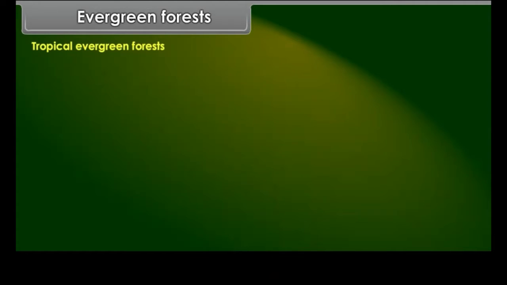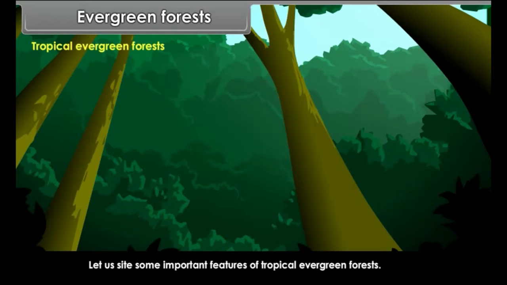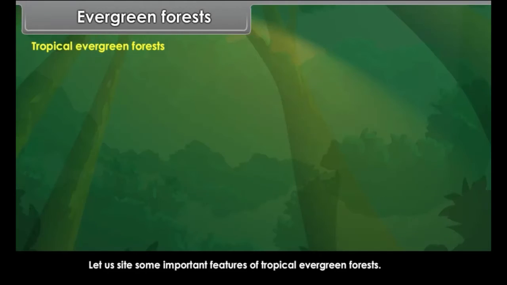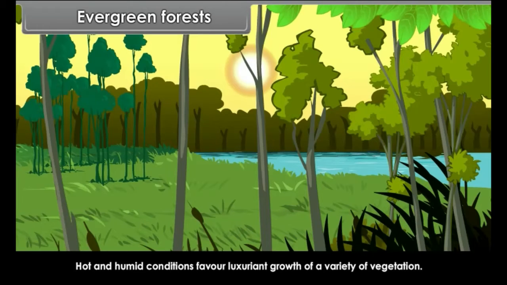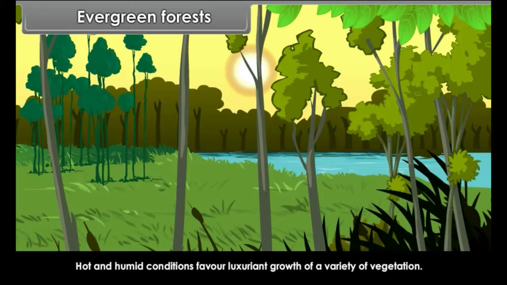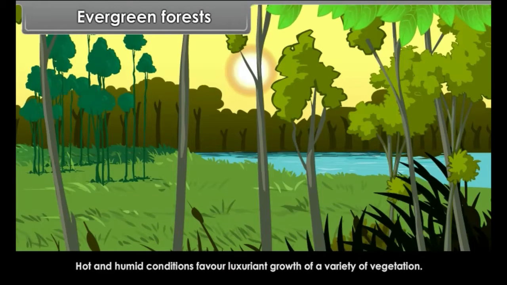Tropical evergreen forests. Let us cite some important features of tropical evergreen forests. These forests are found in the areas of heavy rainfall and abundant sunshine. Hot and humid conditions favor luxuriant growth of a variety of vegetation.